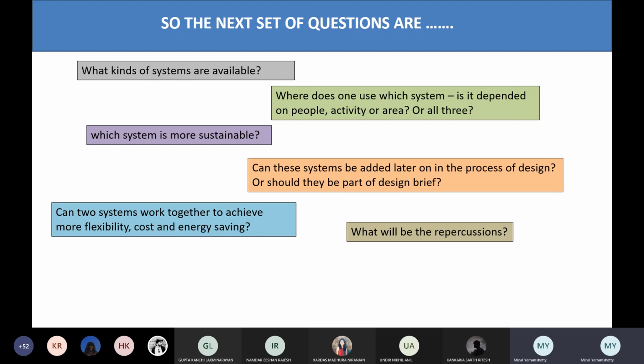What will be the repercussion if I don't think of it as a part of the design brief? What if I don't think of the flexibility, cost, and energy saving? What if I don't think of what system to go where? If we don't think about this now, the repercussions are not going to be paid by you. Let me be very frank. As an architect, you plan and you are free.